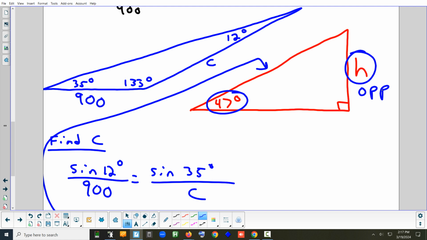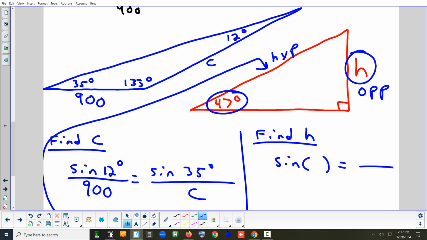The hypotenuse. So now, because we have a hypotenuse, you don't need to use law of sines. That's a right triangle. So we can use SOHCAHTOA. What trig function has opposite and hypotenuse in it? Sine. So find H.